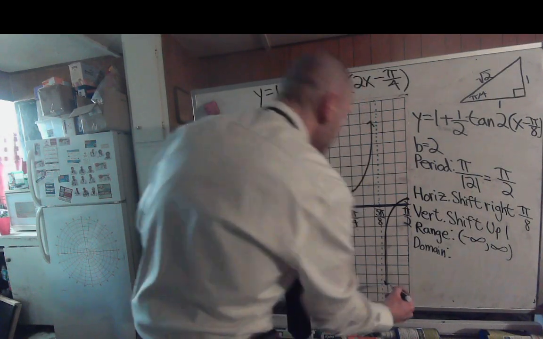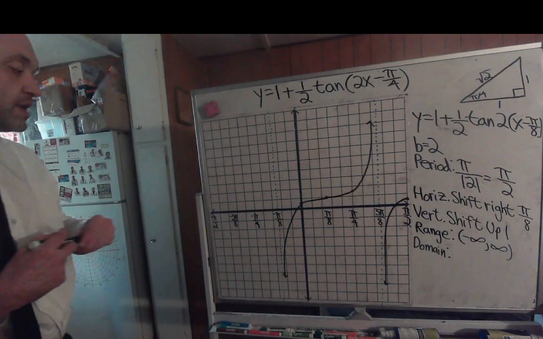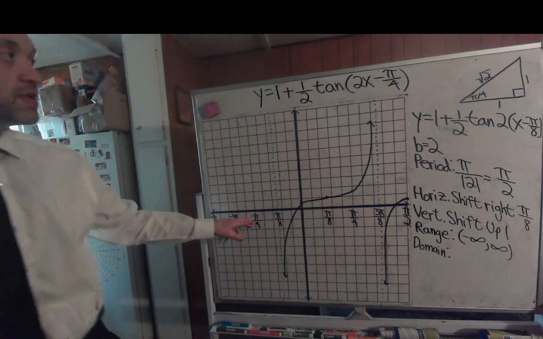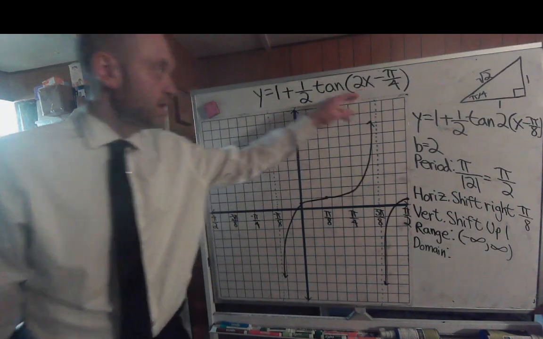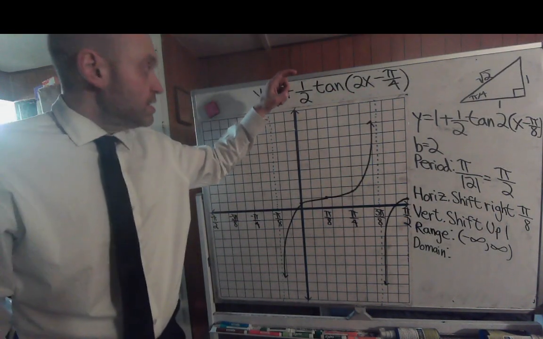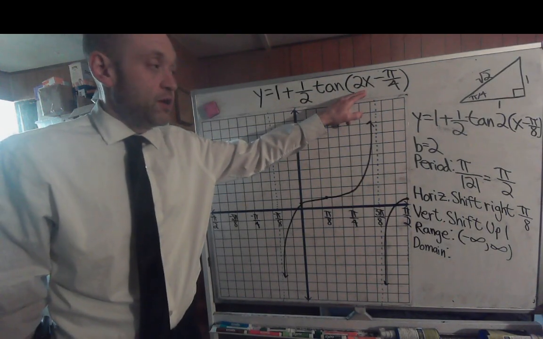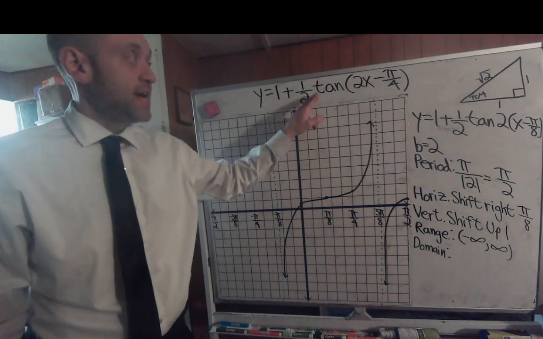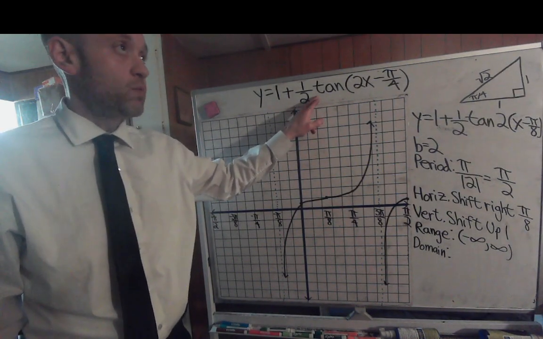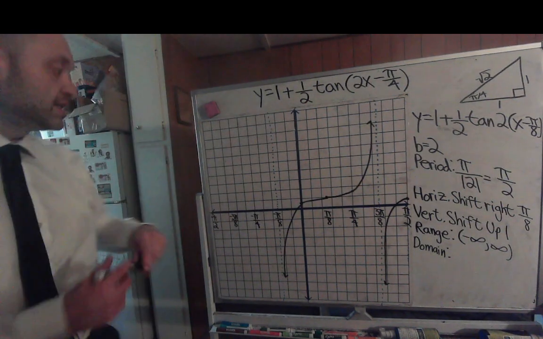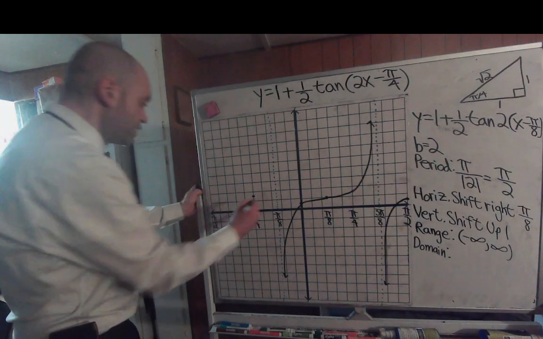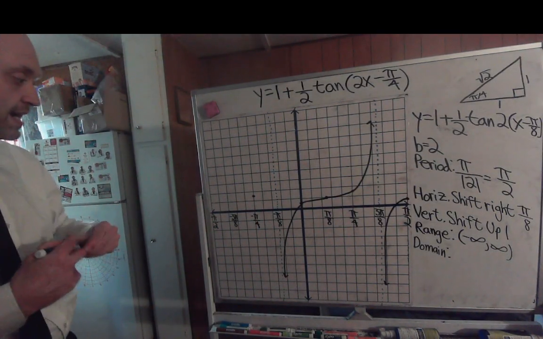Alright, so now let's do negative pi over 4. So that would give me the tangent of negative 3 pi over 4, which would be positive 1, times a half is actually positive 1/2, plus 1 is positive 1.5. Let's put in negative 3 pi over 8.